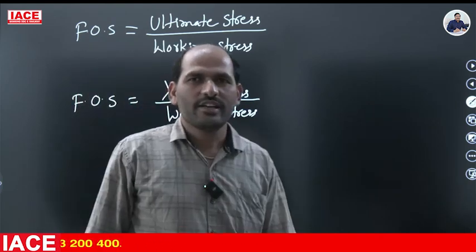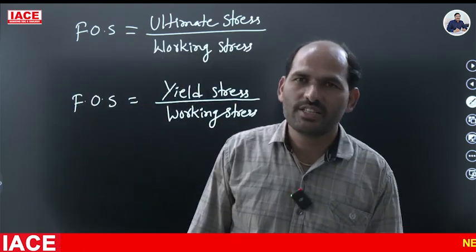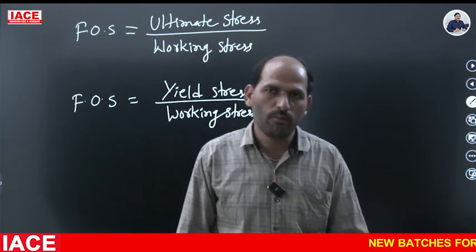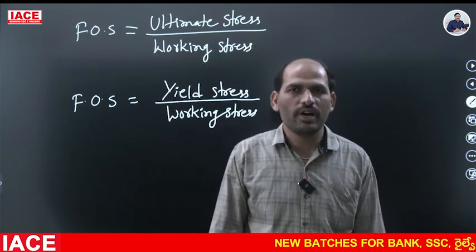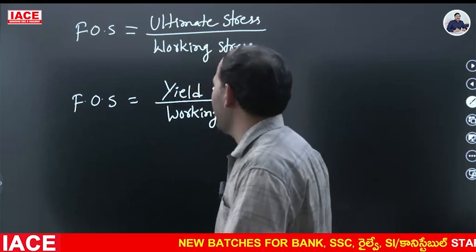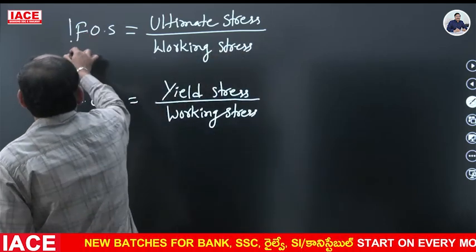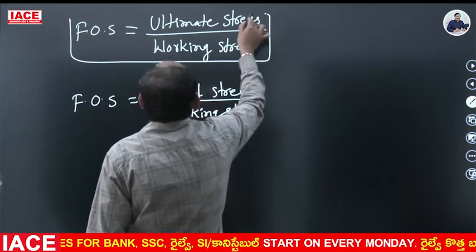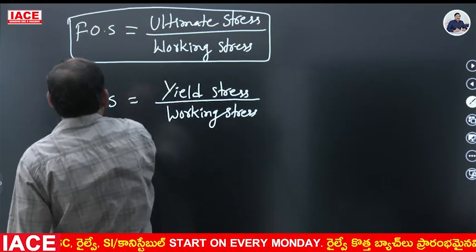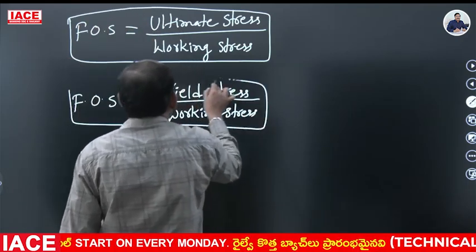So here the factor of safety is ultimate stress upon working stress, and one more is yield stress upon working stress.